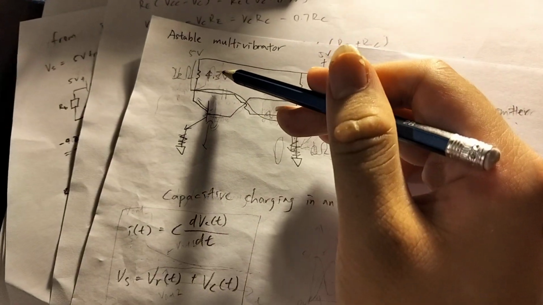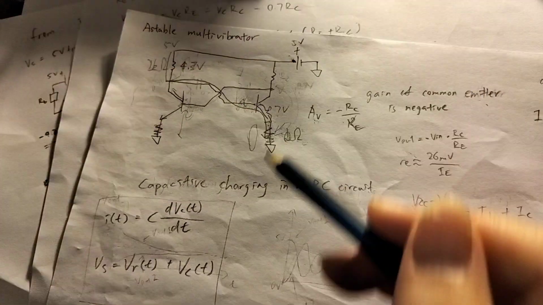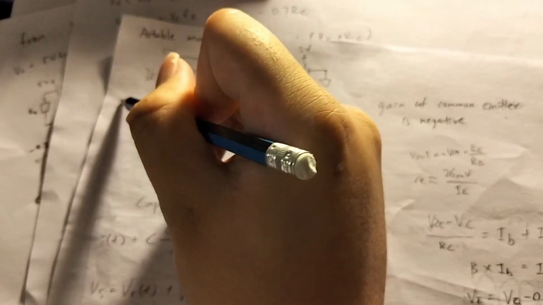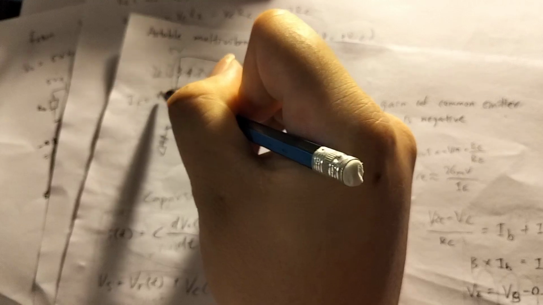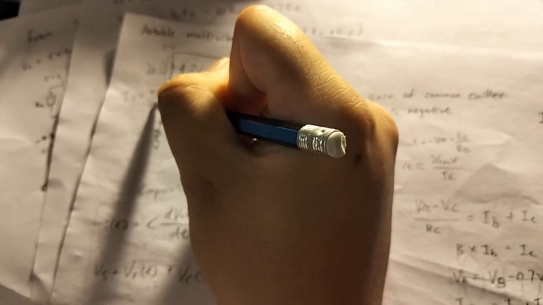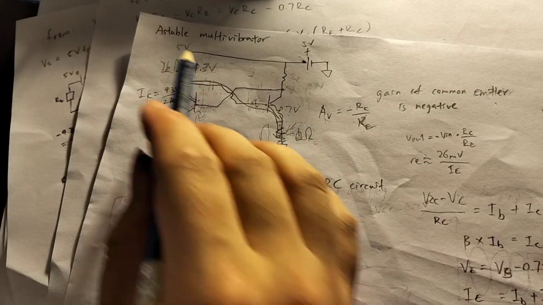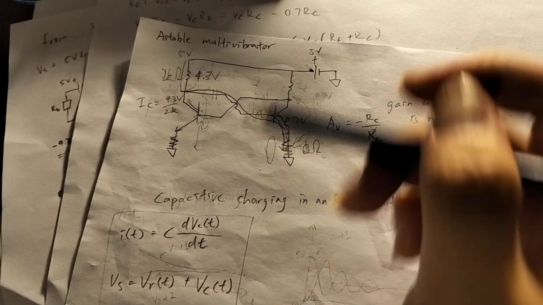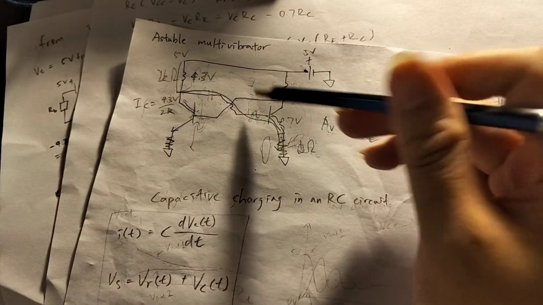And it's going to basically say that IC is going to be 4.3 volts over 2K. So it's going to produce some sort of current. But notice that essentially this state just cannot exist, right?